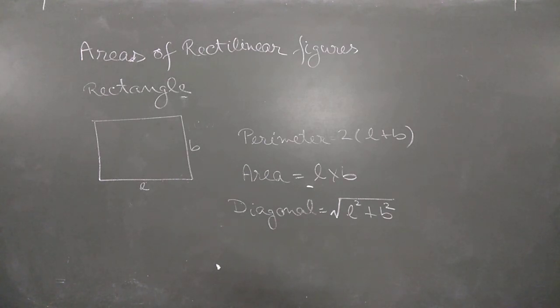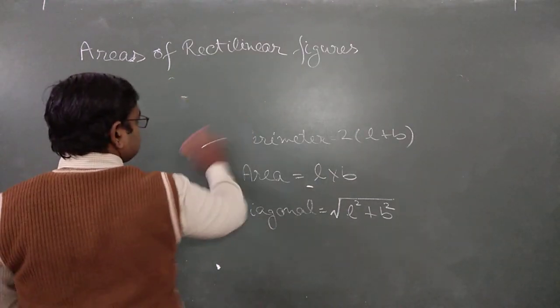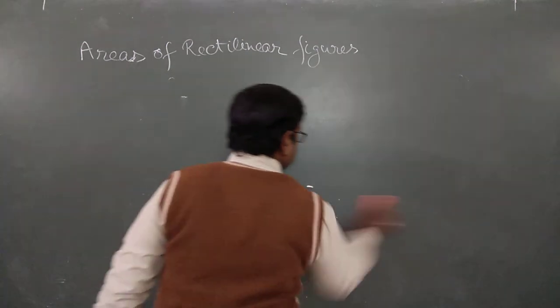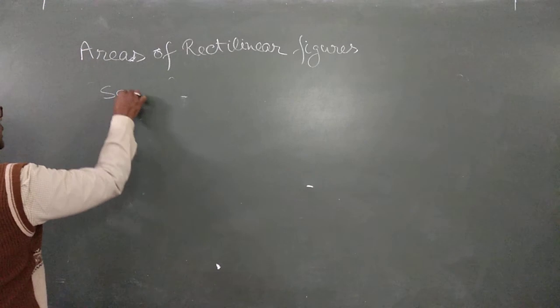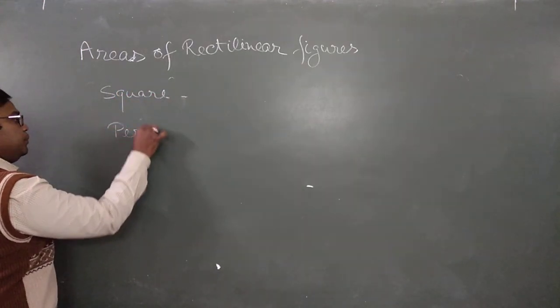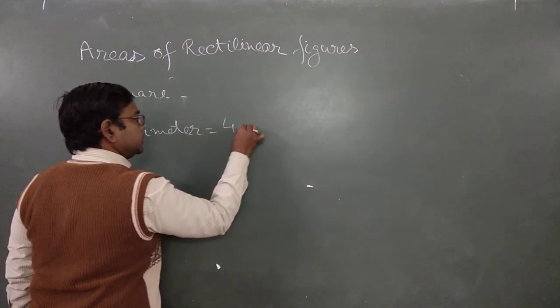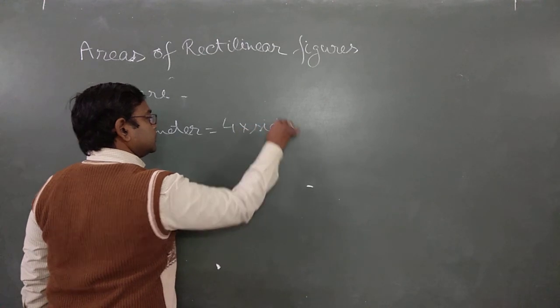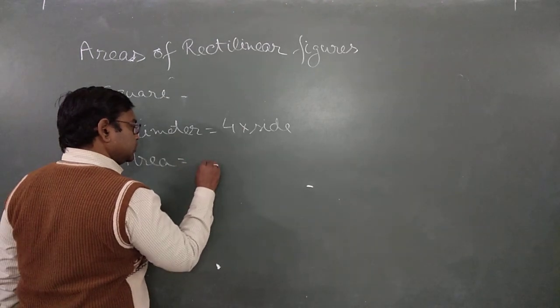Similarly, we are going to discuss the square also. In case of a square, as we know, all sides are equal. So perimeter equals 4 into side. Area equals side into side, or side square.